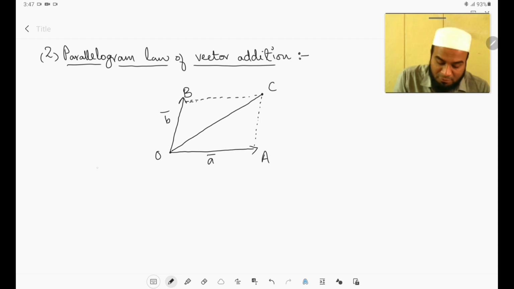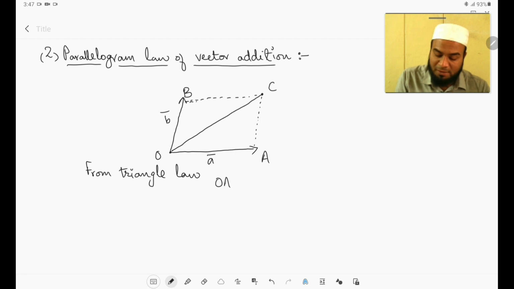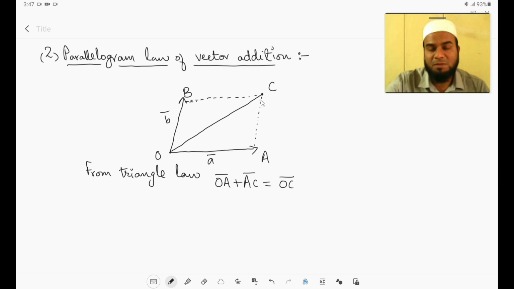From the triangle law, the vector OA plus AC is nothing but the vector OC. This I am writing from the triangle law.